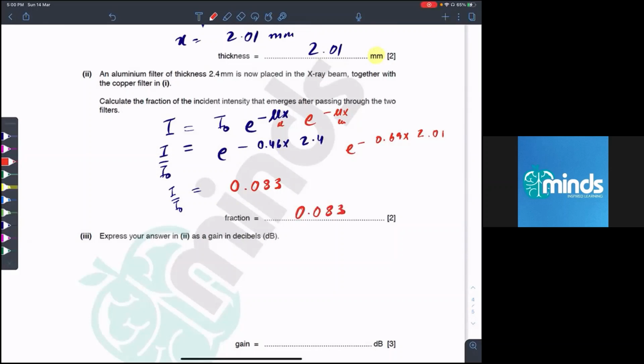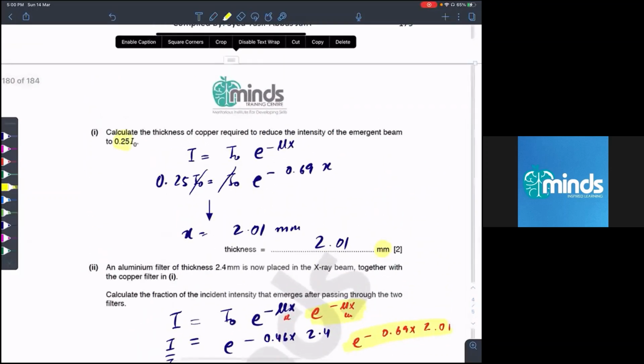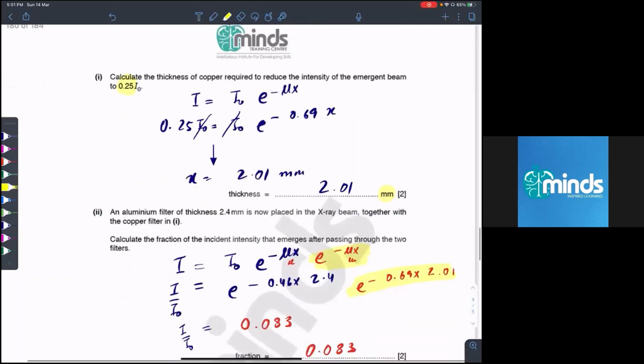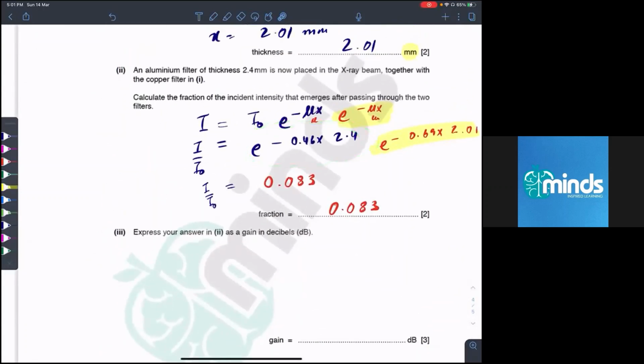Now, why didn't I put this value? See, this is something we already know, that this value is 0.25. So if I just calculate this factor and then multiply it by 0.25, I strongly believe we will get the same answer.